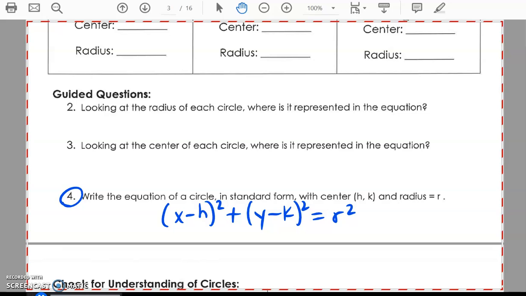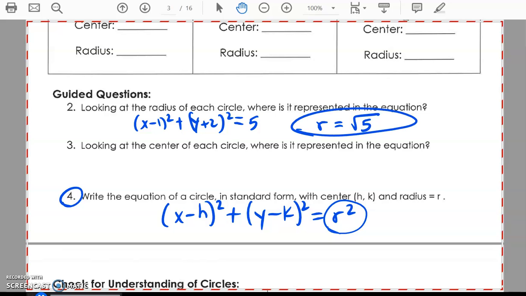So the radius is always located on one side of the equation, but the actual value of the radius is always squared. So, for example, if you have x minus 1 squared plus y plus 2 squared equals 5, well, the radius here is actually the square root of 5, okay?